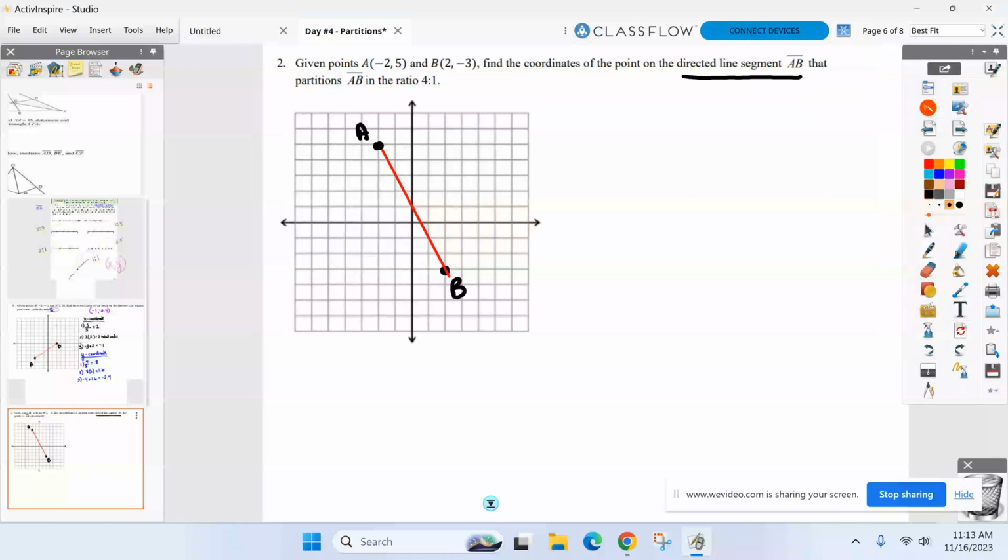Okay, now the ratio is 4 to 1. All right, let's go x coordinate.